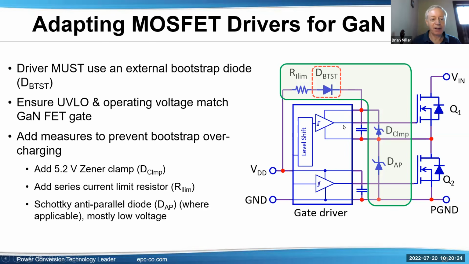Also add a series current limit resistor, and that would be over here, which I mentioned before on the charging. And also down here, a Schottky diode. That's to protect the switch node from going too far negative. Some controllers, some gate drivers can't take a very high negative voltage on that node.